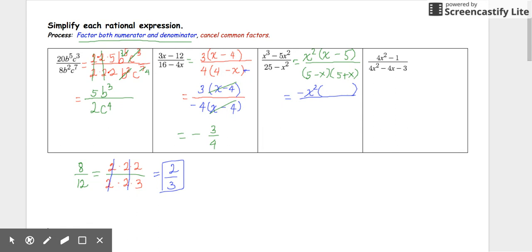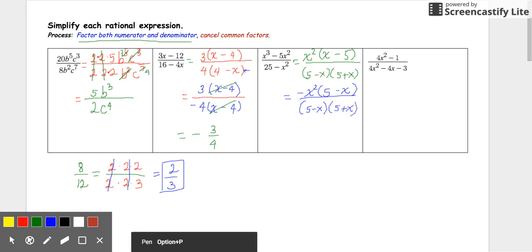And so we'll have to change the expression inside the parentheses. So instead of x, it'll become negative x, and instead of negative 5, it'll become positive 5. Then we write the denominator, 5 minus x times 5 plus x.